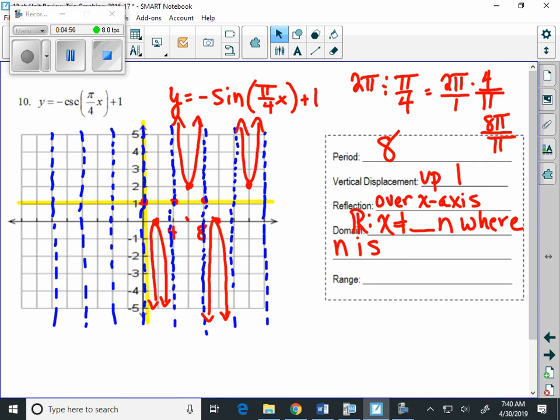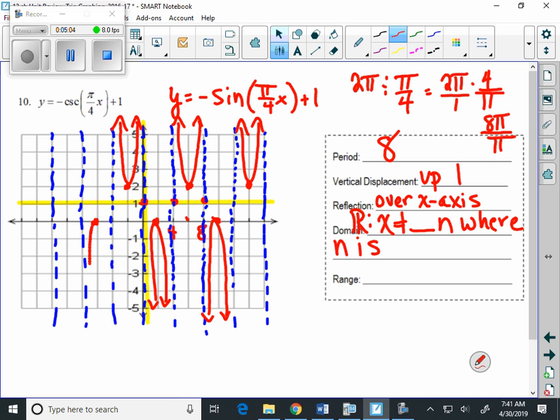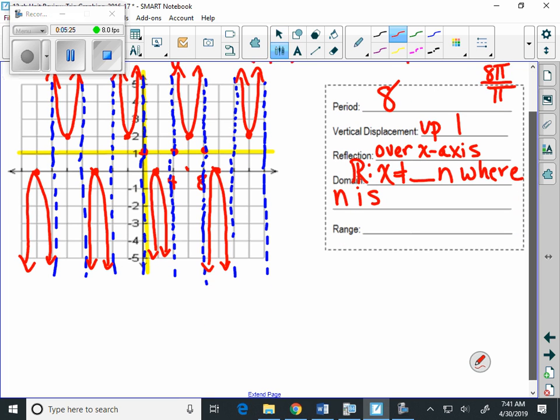So we can put those values in. Watch the directions because it says to graph at least 2 periods. And now that we've got that, I'm going to relabel a little bit.